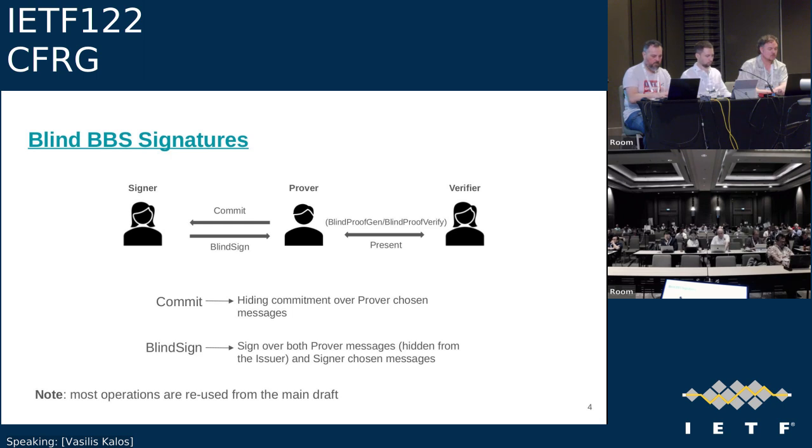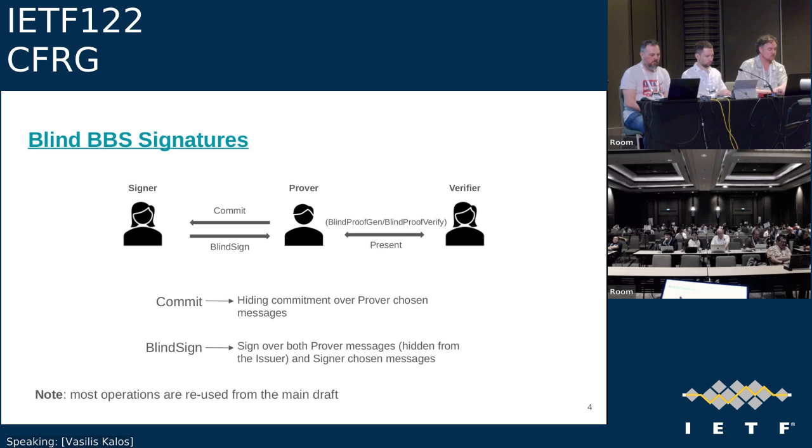They send that to the signer, who will validate it, and then use blind sign that will create a signature over messages both chosen by the signer and the ones chosen by the prover. And then the prover will use the normal proof generation and proof verification operations to create a presentation for the verifier, selectively disclosing essentially whatever they want from their committed messages and the messages that the signer creates.